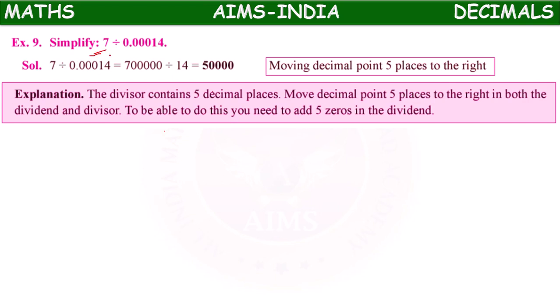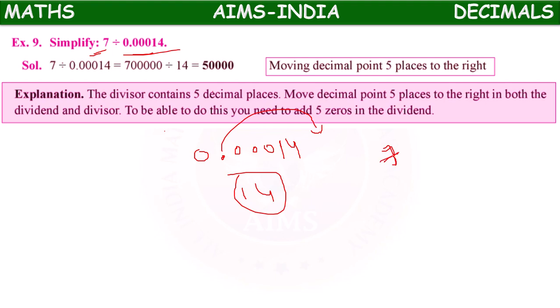Next one, 7 divided by 0.00014. The point is moving 5 places, so the divisor becomes 14. But in the dividend we have only 7, which means 7.0.